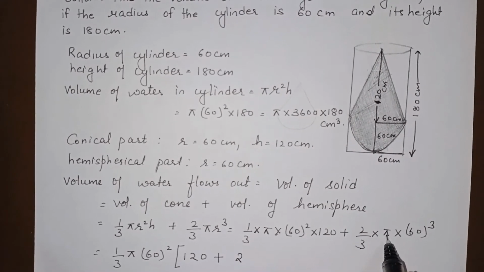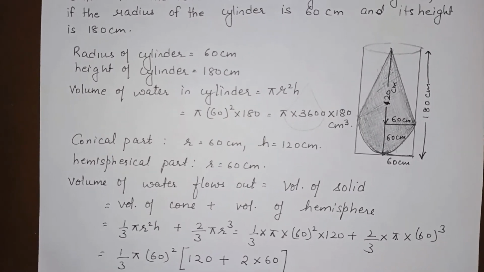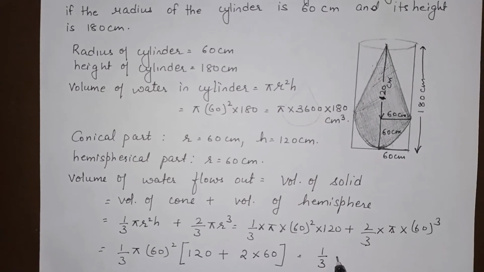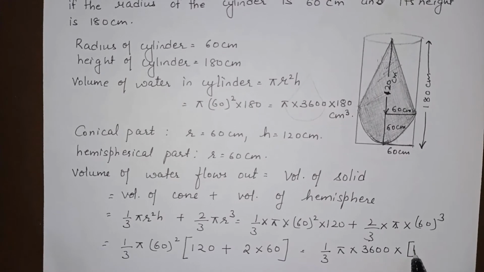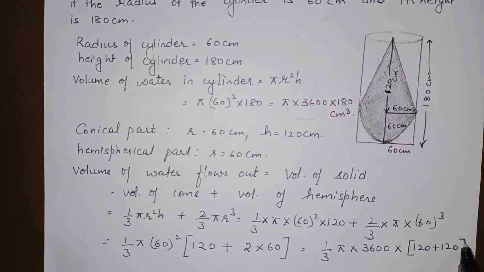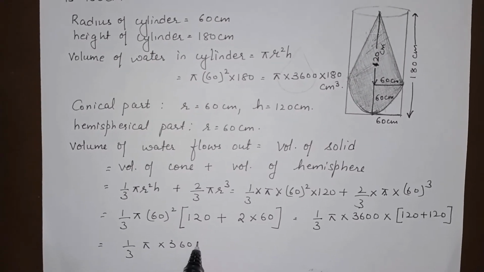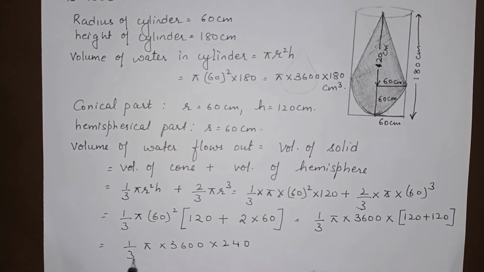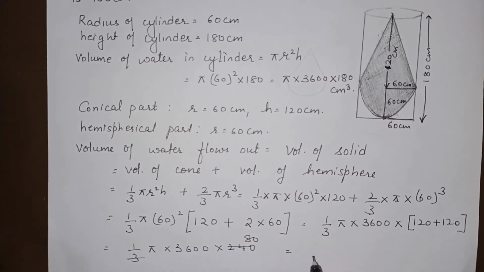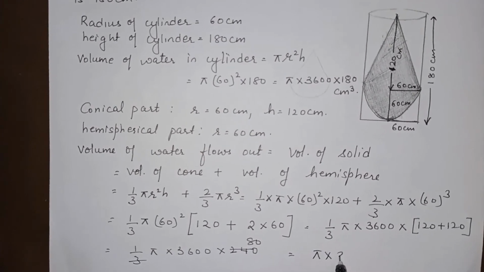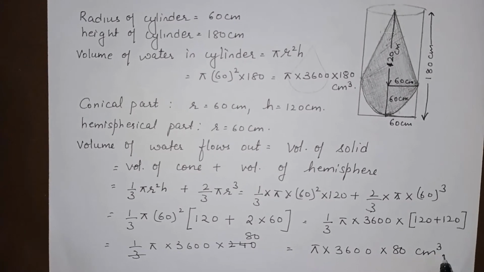We have taken pi common and 60 square common, so 60 is left from this part. So this is 1 by 3 pi into 3600 into 120 plus 120. So 1 by 3 pi into 3600 into 240. So this will be equal to 80. So the volume of water that flows out will be equal to pi into 3600 into 80 centimeter cube.